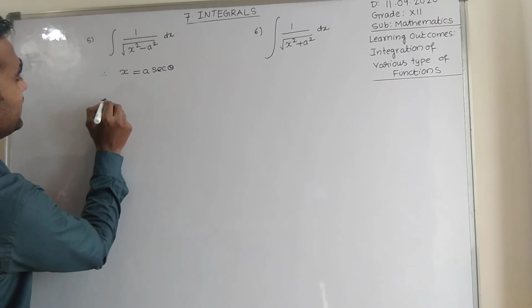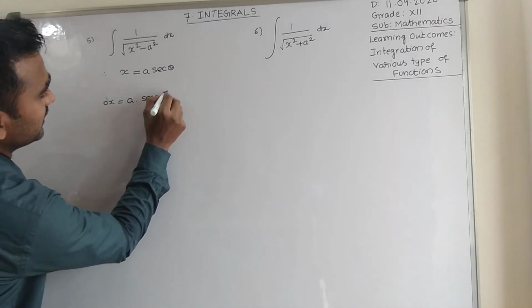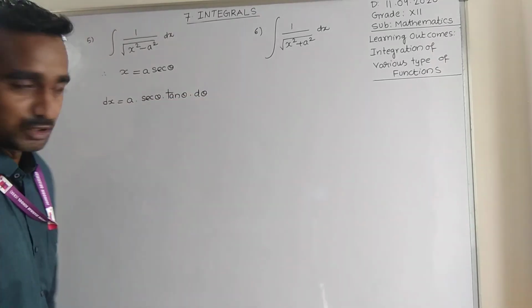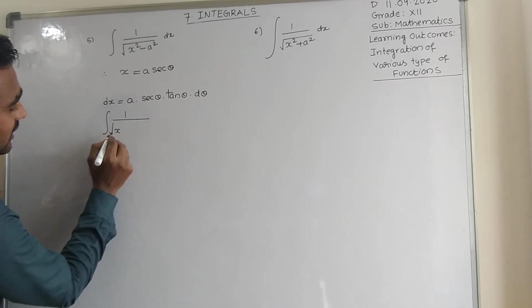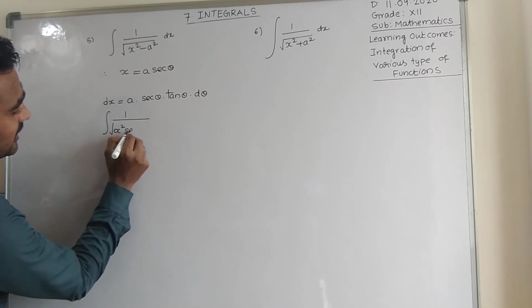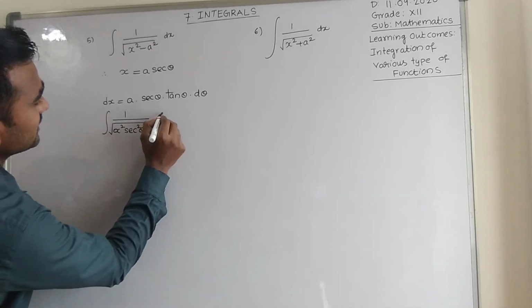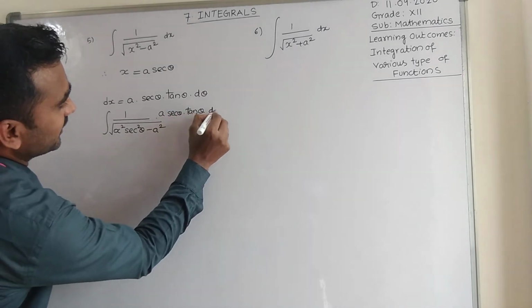Next, dx is equal to a sec theta tan theta d theta. After assuming this, the integral becomes 1 upon root over a square sec square theta minus a square, into a sec theta tan theta d theta.